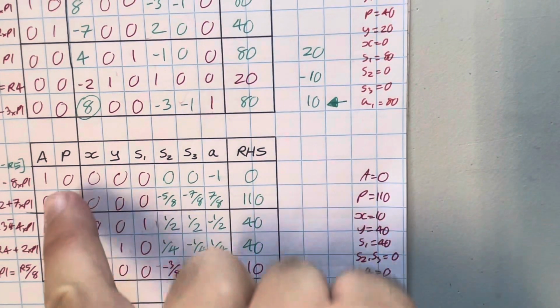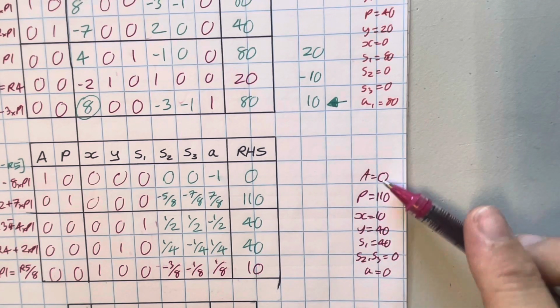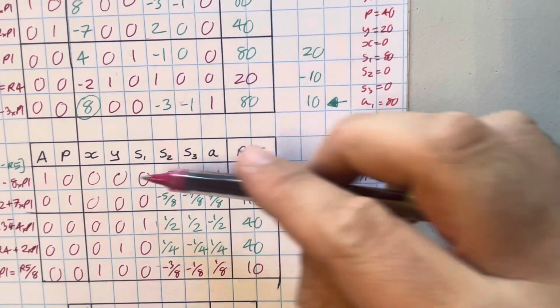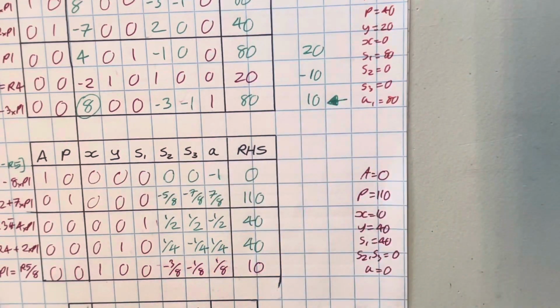The top row actually reads capital A equals lowercase a, which is what we started with. But that's good, because capital A is now 0. Our first objective is met. We've minimised A, because you can't go negative, because this is simplex. So none of the variables can go negative. So 0 is as small as it gets. And we can see that there's no positive values here in the row, so you can't decrease it any further.